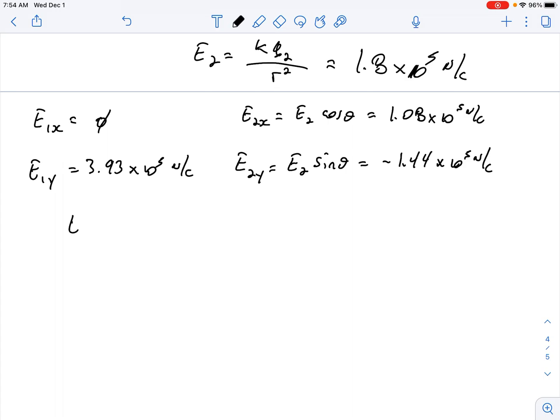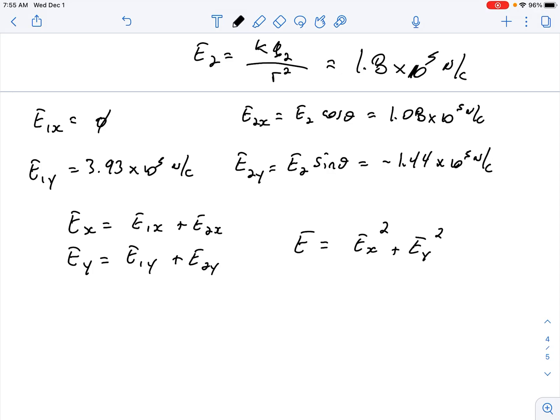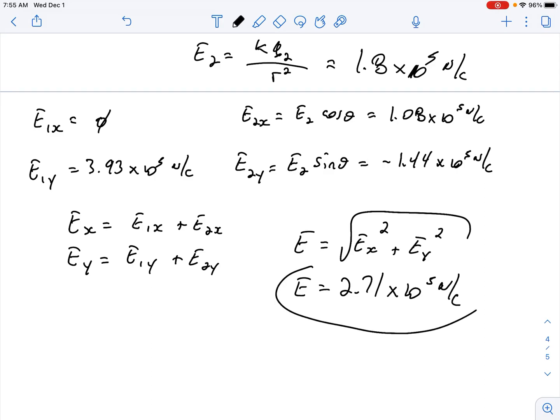So EX is going to be E1x plus E2x. EY is going to be E1y plus E2y. So E will equal EX squared plus EY squared, all square rooted. And when I calculated that, I came up with 2.71 times 10 to the 5 newtons per coulomb.